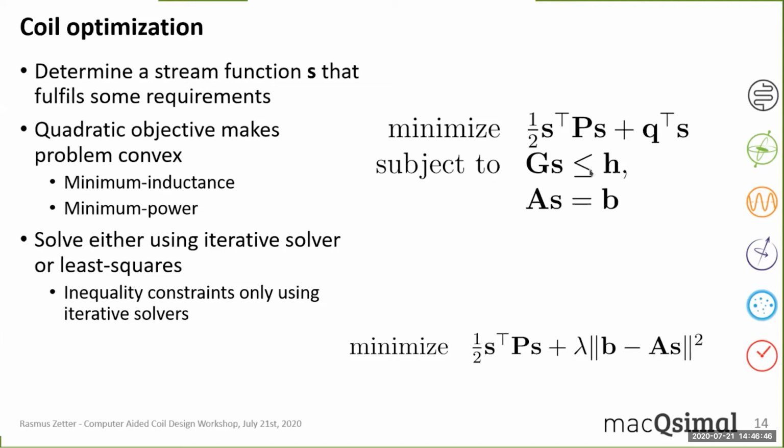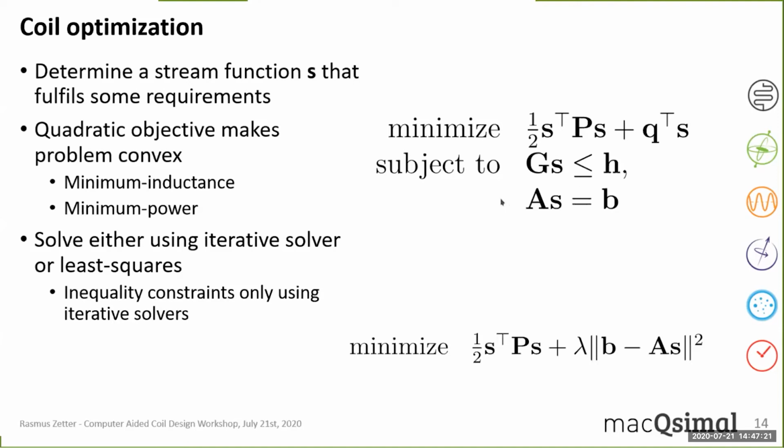In these linear inequality and equality constraint parts, you simply plug in your requirements, for example, for the magnetic field and so on. I prefer using inequality constraints because then you can give a bit of slack to your problem. Instead of the solver trying to fulfill a specific equality constraint, you can say, okay, it has to be within 1% of this, or within 5%, depending on what you want.